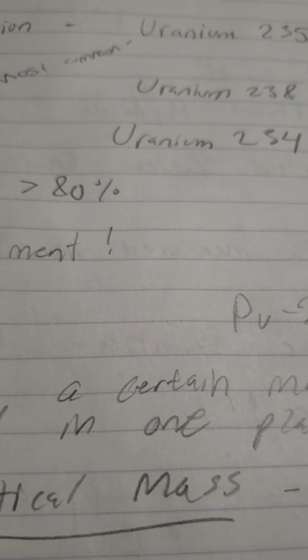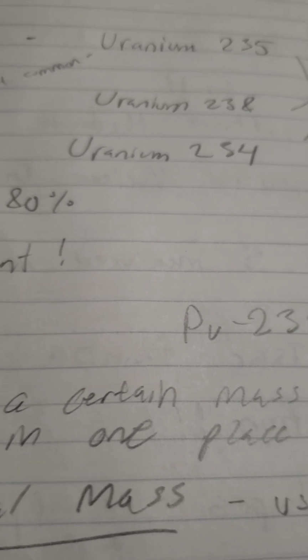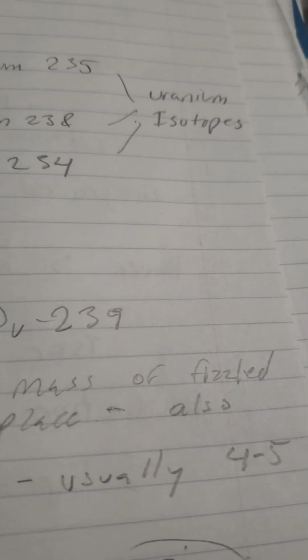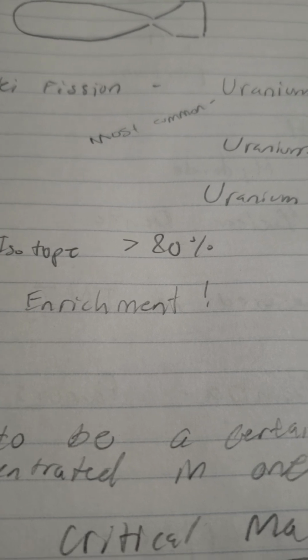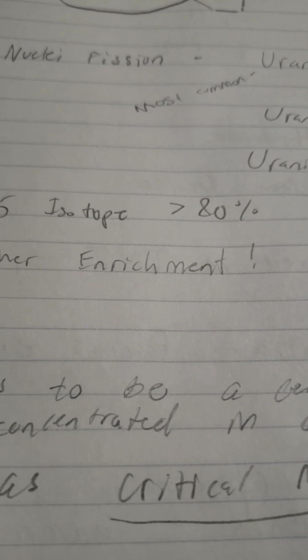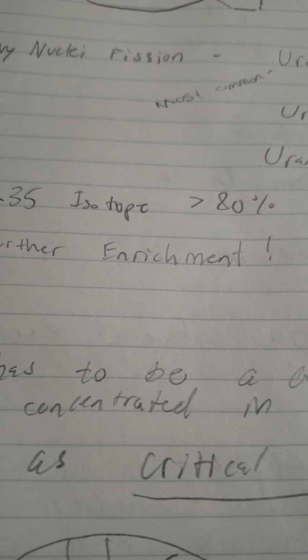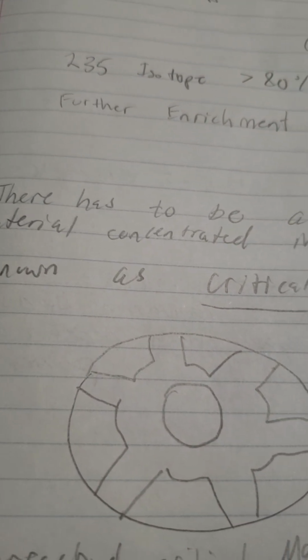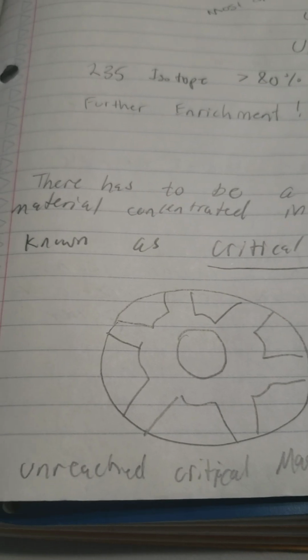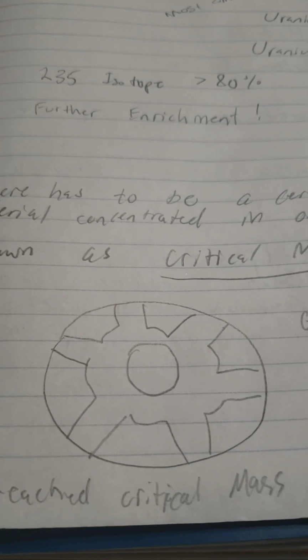In a normal nuclear bomb, there's usually 4 or 5 critical masses, and so we can use the analogy of a ball to demonstrate a critical mass. So you have the unreached critical mass.